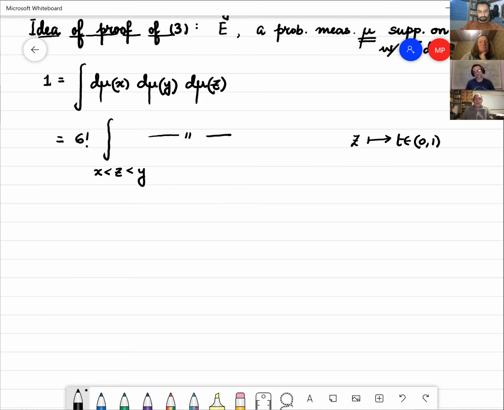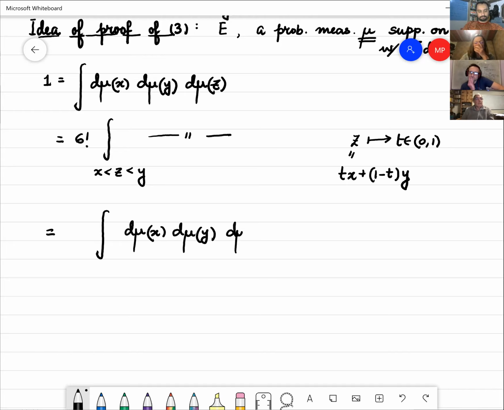And because z is intermediate between x and y, we can write z as tx plus (1 minus t)y. So all we do is make a change of variable. So this is going to be d mu(x), d mu(y), and d mu of tx plus (1 minus t)y.